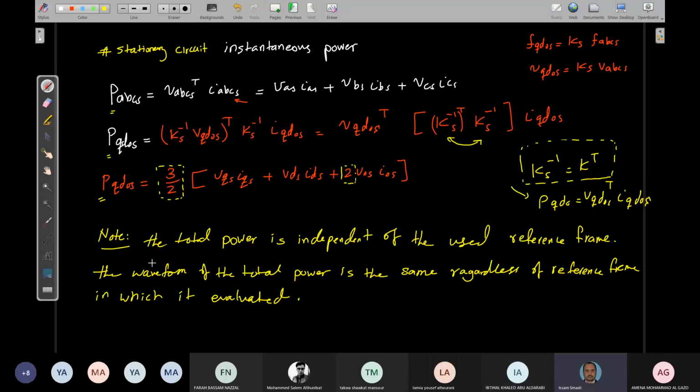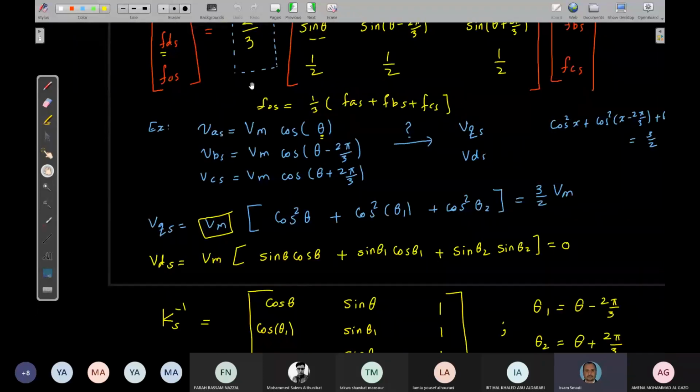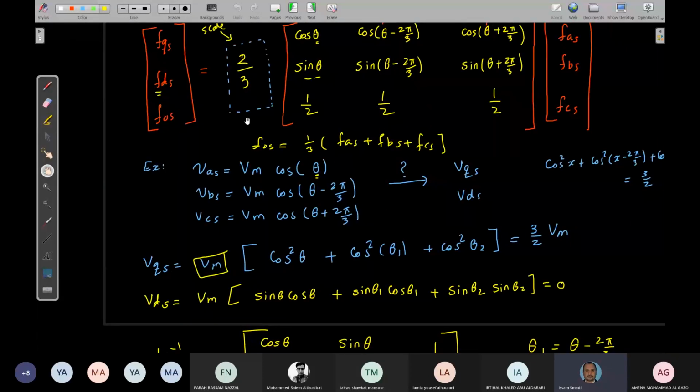Okay. So now if we understand the principle of the reference frame and how we can transfer, let's say, ABC quantity to the QD quantity, let's start trying to transfer stationary circuit, RL circuit in the stator to the QD reference frame. So here, let's start with trying to implement the reference frame theory in a circuit which is RL.